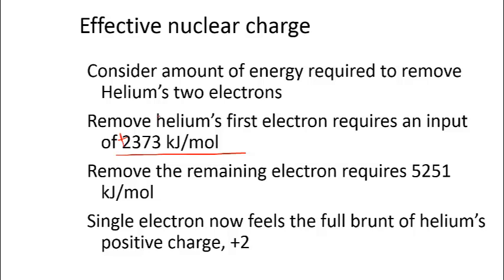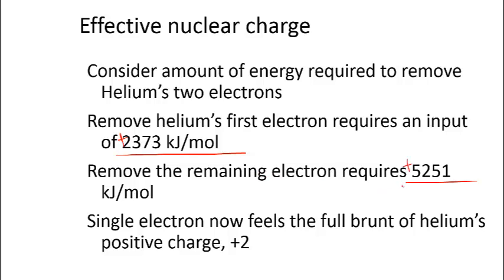Now, to remove the remaining electron requires an input of 5,251 kilojoules per mole. Now, the reason for this increase in energy is simple. The second electron no longer experiences any shielding effect from the nuclear charge.